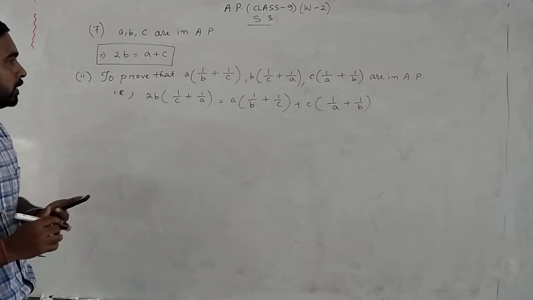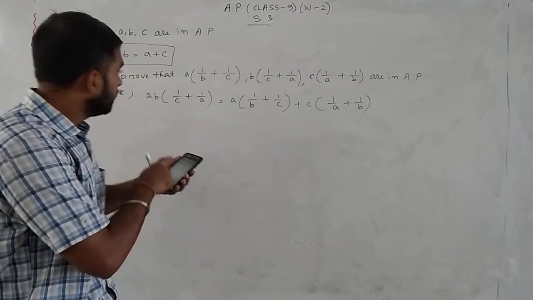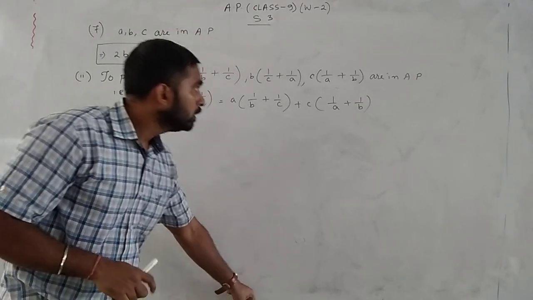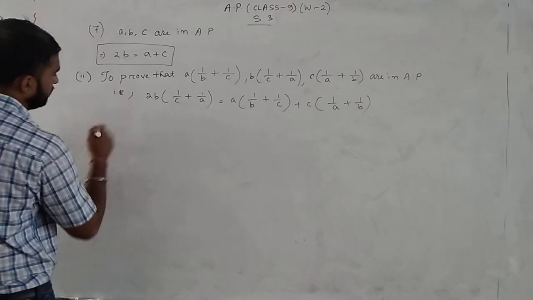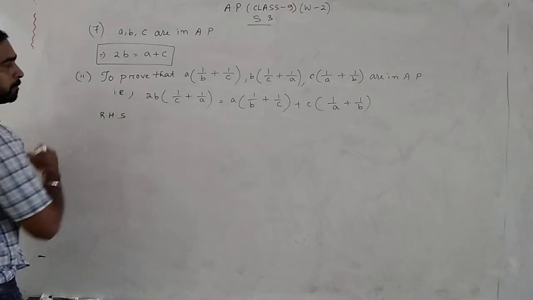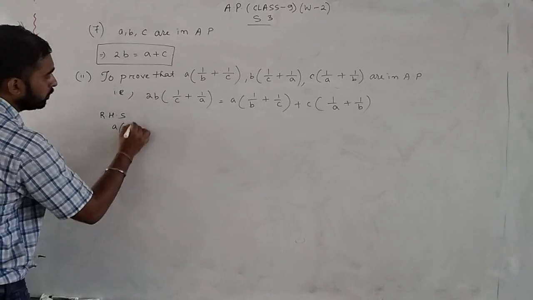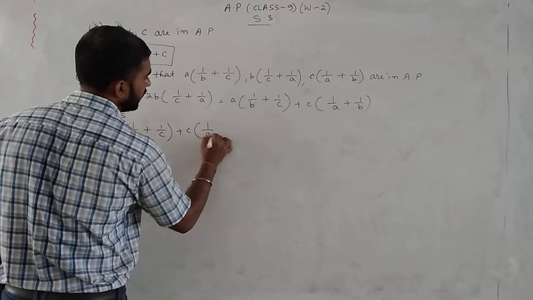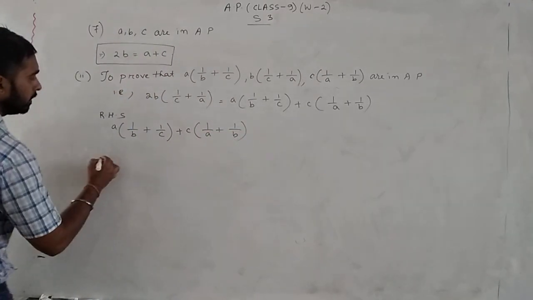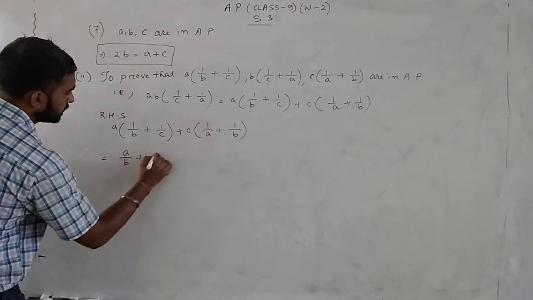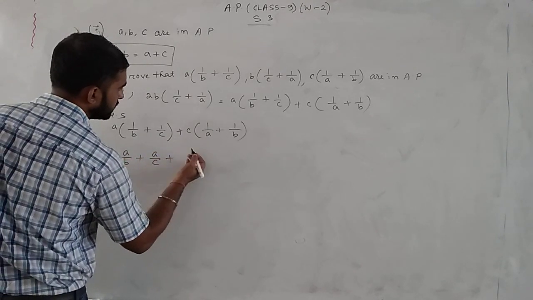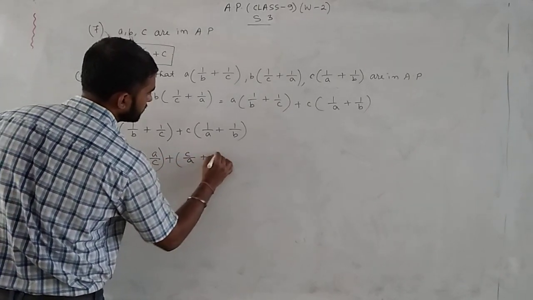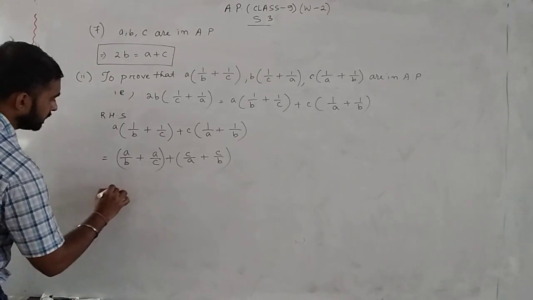Twice the middle term, 2B into 1 by C plus 1 by A equal A into 1 by B plus 1 by C plus C into 1 by A plus 1 by B. So now we'll solve this one from RHS. Right hand side, the terms are A into 1 by B plus 1 by C plus C into 1 by A plus 1 by B. So here it is A by B plus A by C plus C by A plus C by B. Then take the LCM.